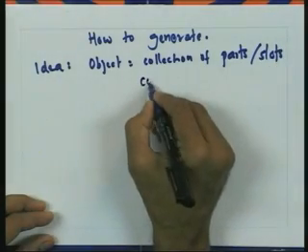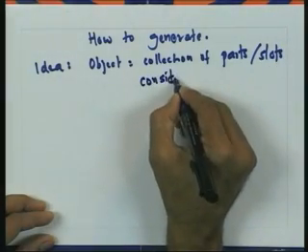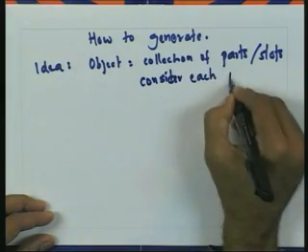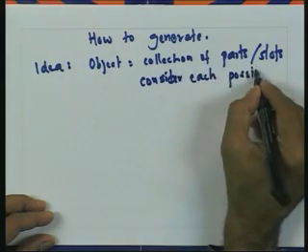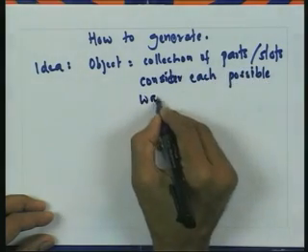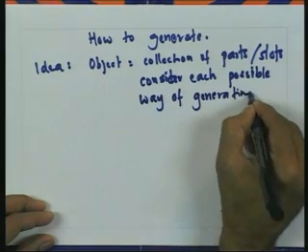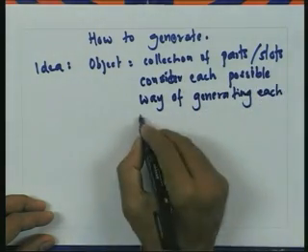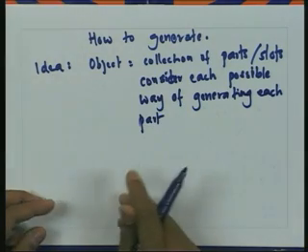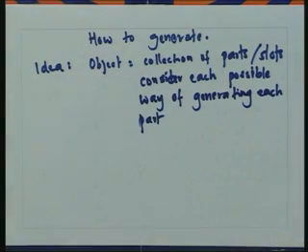Then consider each possible way of generating each part, or if you want to think of this object as a template in which there are slots to be filled, we want to think of each possible way of filling each slot.